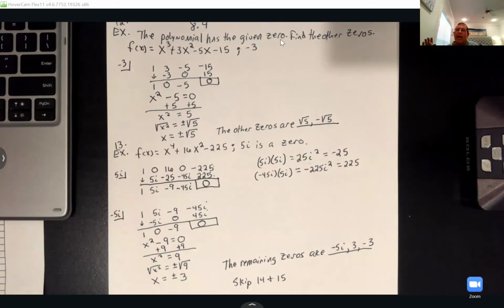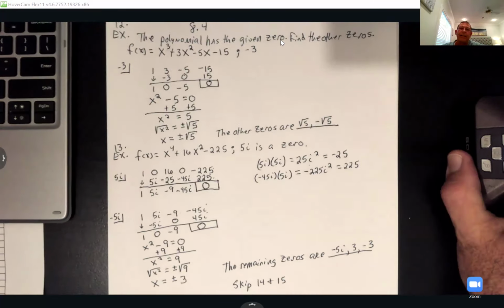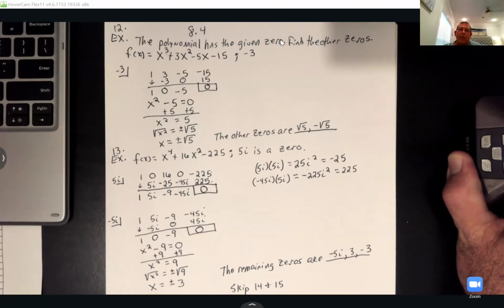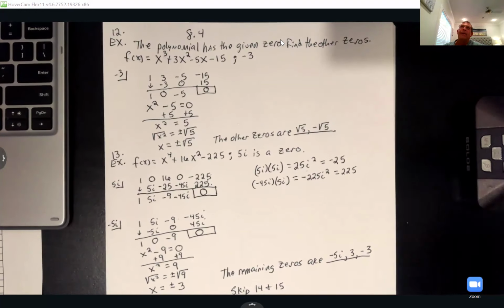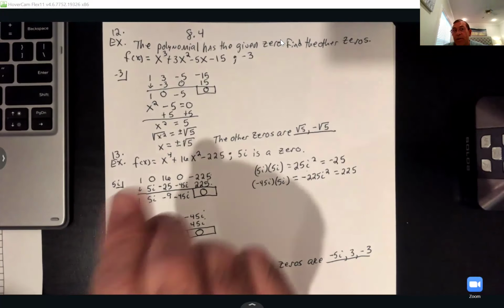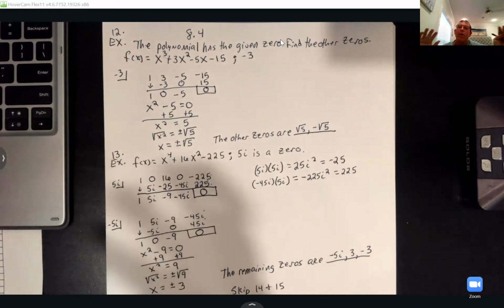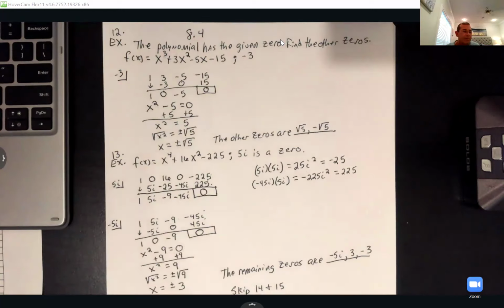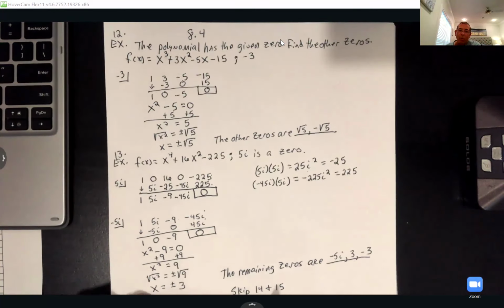That stuff you had to do before we had calculators, and it's a long process on how to find numbers that you can use for your zeros. But y'all, we all got our TI-84s now, so we're not doing that old school stuff. So skip 14 and 15, and I'll give you credit for those.